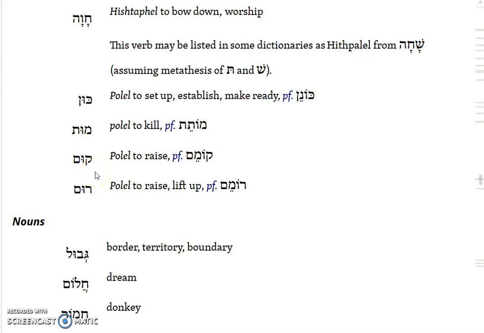And then kum we've seen before, to stand, arise, but in the polel it means to raise something, komem. And then rum, which means to be high, in the polel means to raise something, to lift it up, and the perfect form of that is romem.